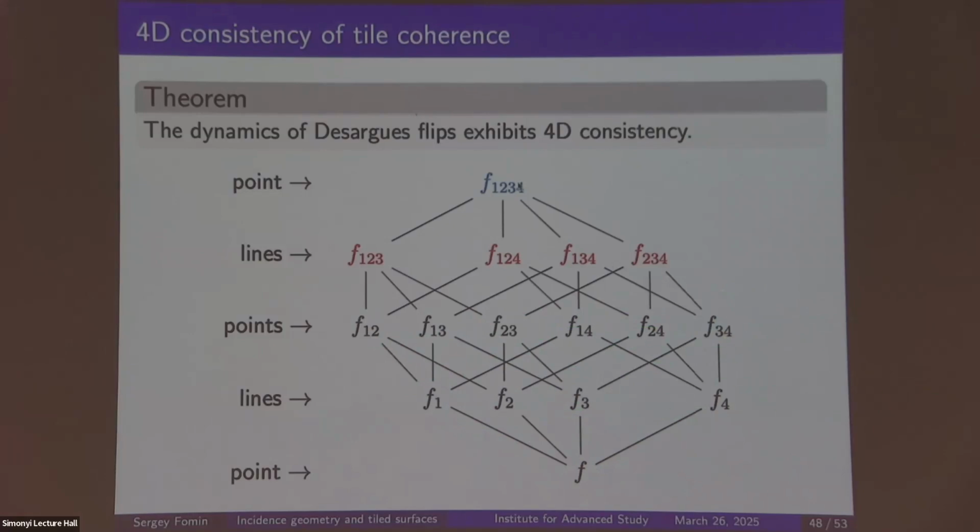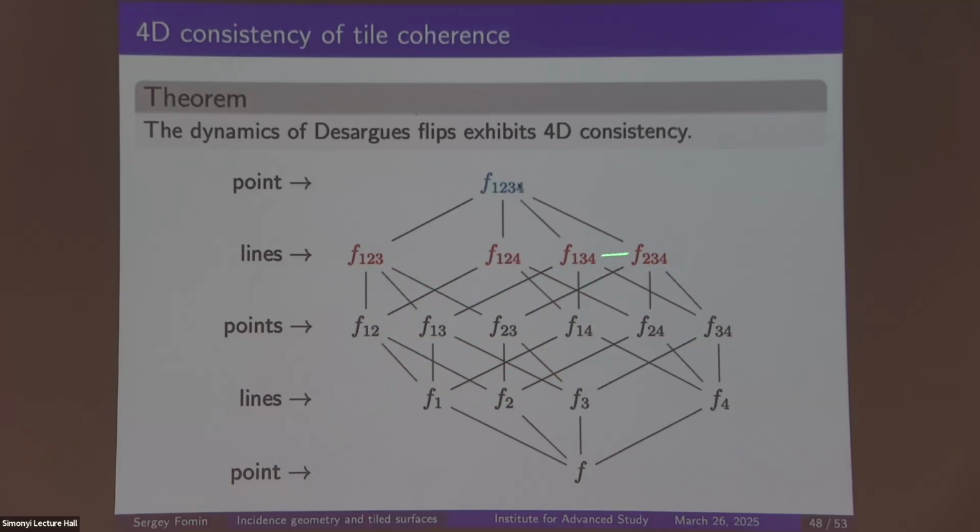Okay, suppose that is checked, then Desargues tells us that there is a unique line here, unique line here, here, and here, that makes all the quadrilaterals that live on these three layers, second, third, and fourth, coherent.